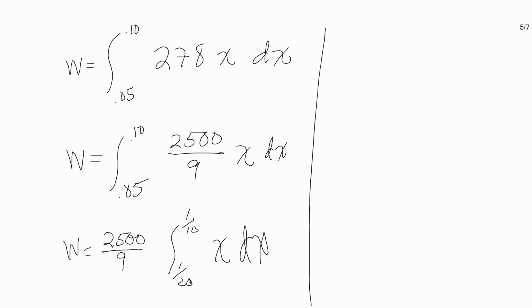And so that's going to be W is equal to 25 over 9, and then brackets the 1 over 10 squared over 2. Just forget it. Let me just do it over.